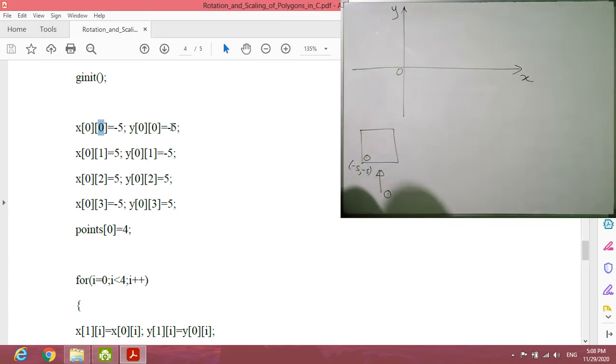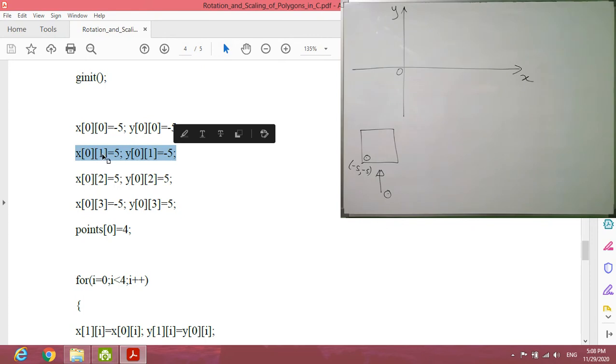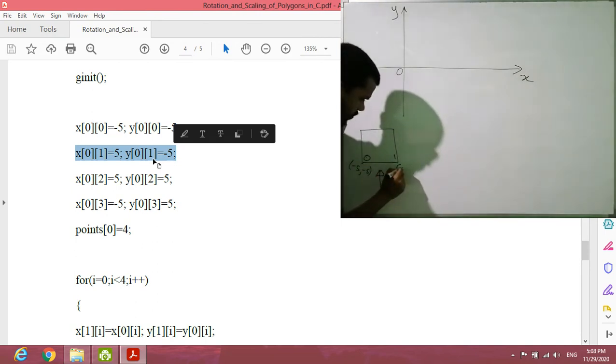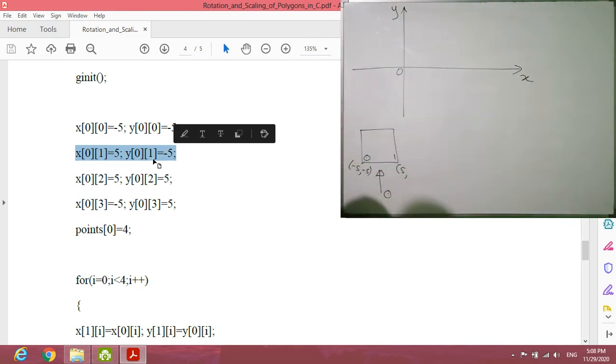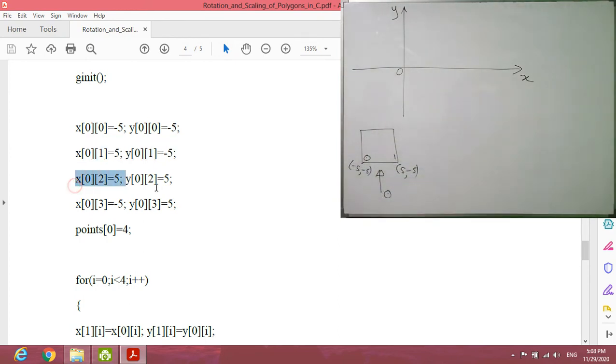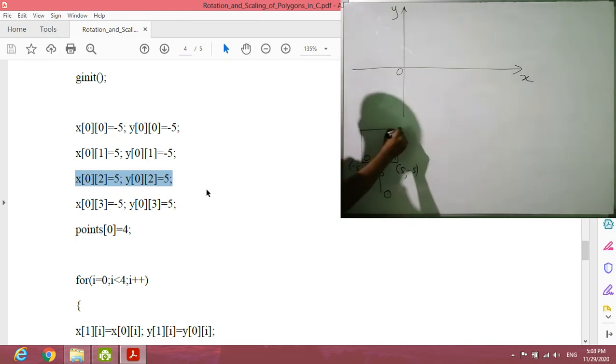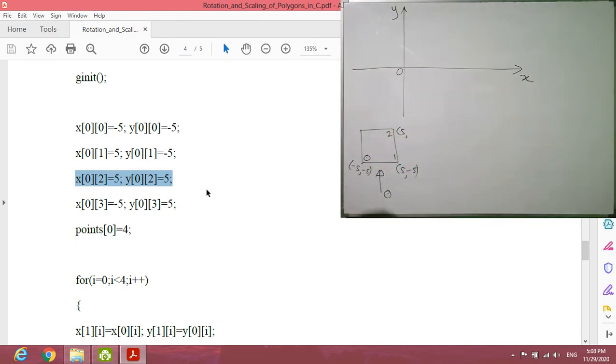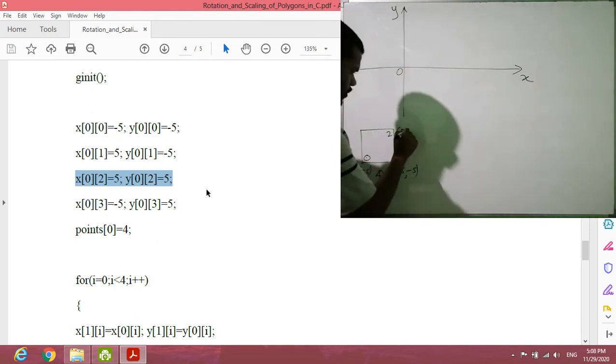Then the next one, 1: x coordinate is 5, y coordinate is -5. Then 2 means x coordinate is 5, y coordinate is 5.